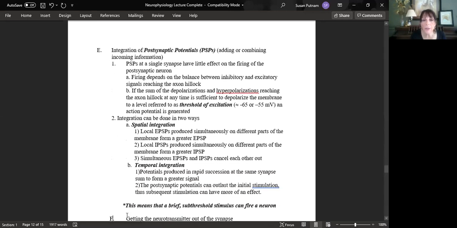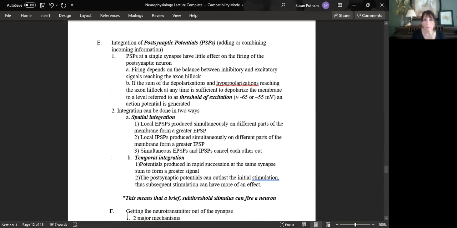But there's also temporal integration. This is the case where potentials are produced in rapid succession at the same synapse and sum together to form a greater signal. Say I'm being a neuron, and those are signals being fast, and this is the same synapse.